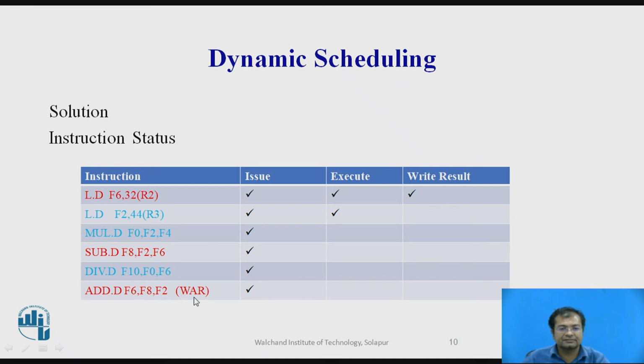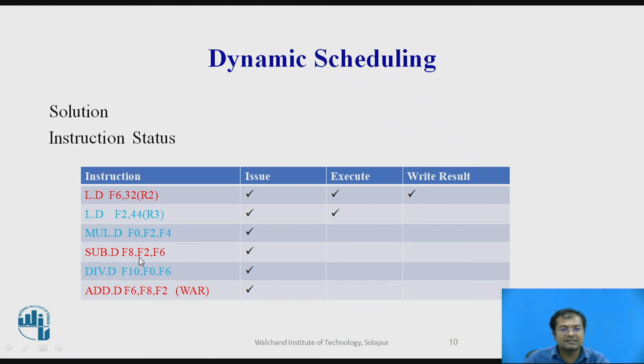Similarly, see the load: F2 is loaded here. It is assumed that if it is executed, then the result F2 is fetched by this instruction, as well as the next instruction, which is multiply. So MUL is going to go ahead for execution as soon as this F2 is available.